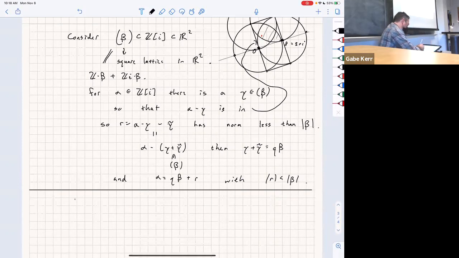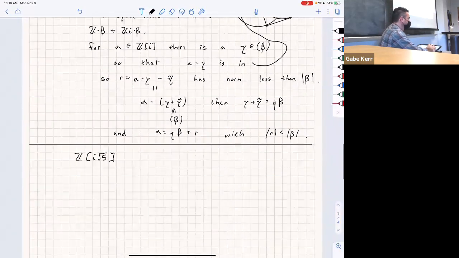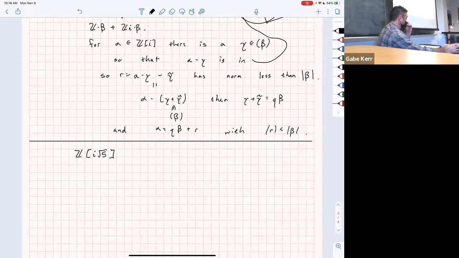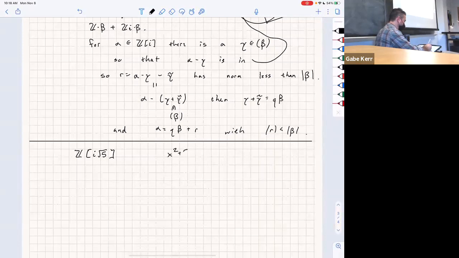So let's say we looked at another ring. This is a ring where we are joining a solution to the equation x squared plus 5 equals 0. I'm going to solve that equation in the integers.